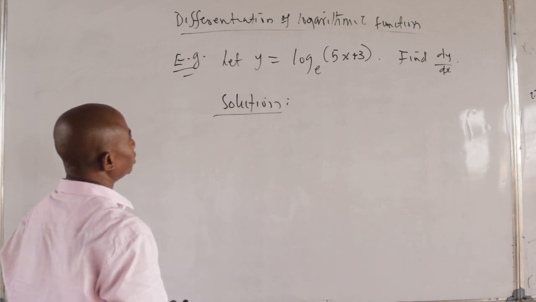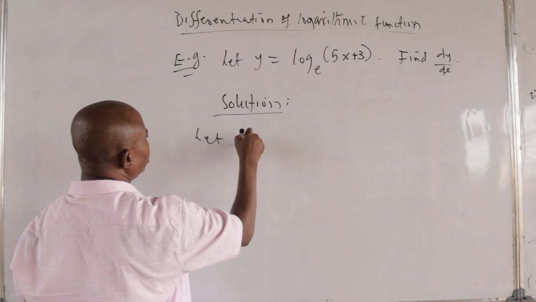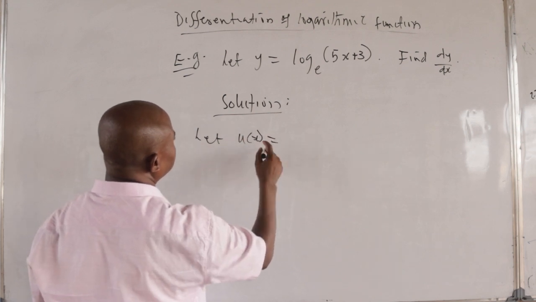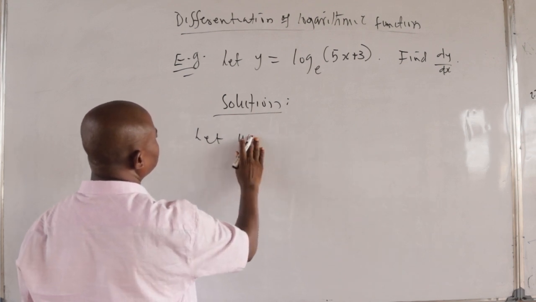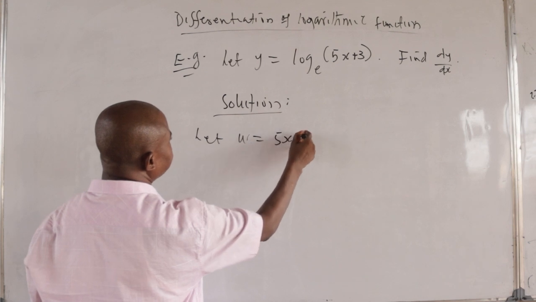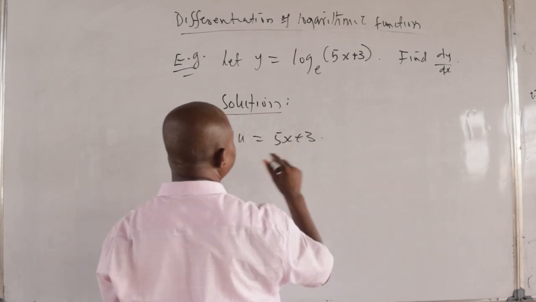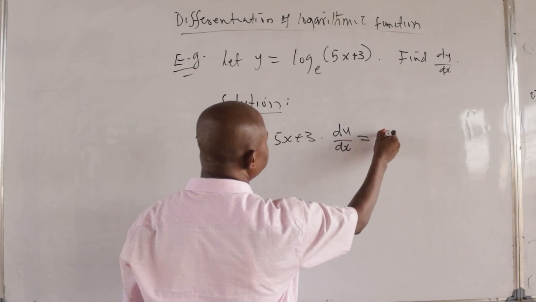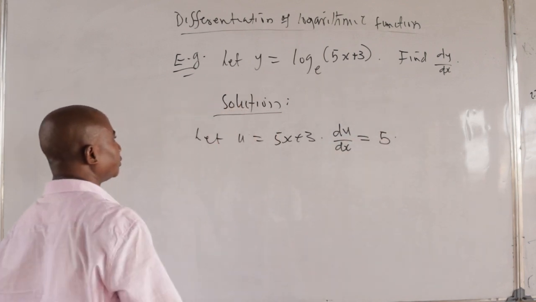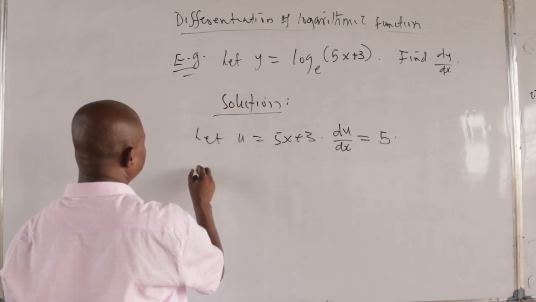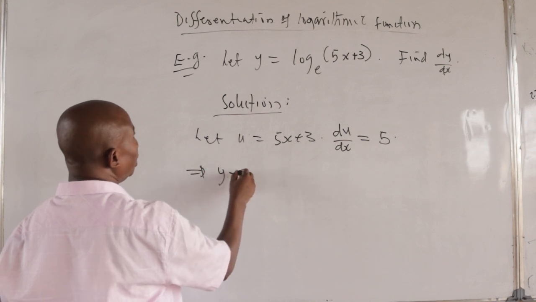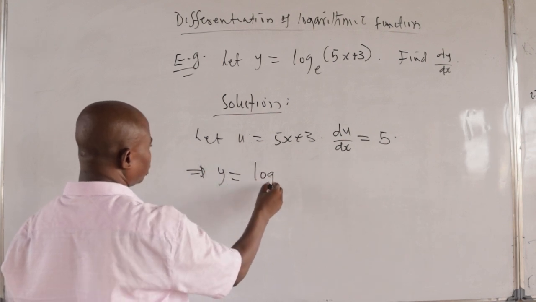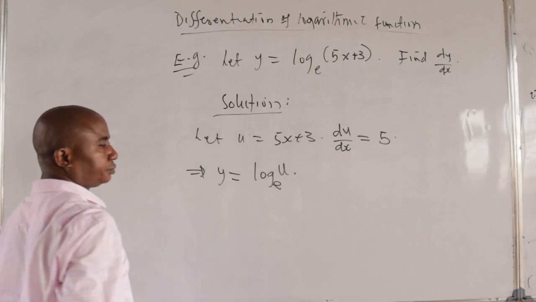So here, let us take u of x, or simply I write u, to be 5x plus 3. Then the derivative of u with respect to x is simply 5. If u is this, that means that y alone is log to base e of u.